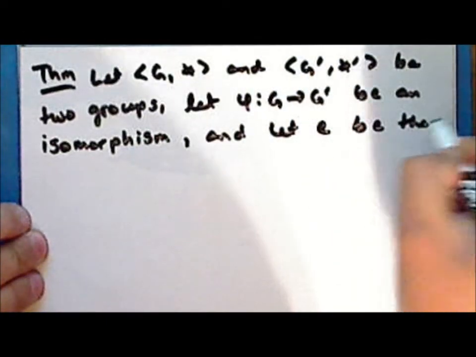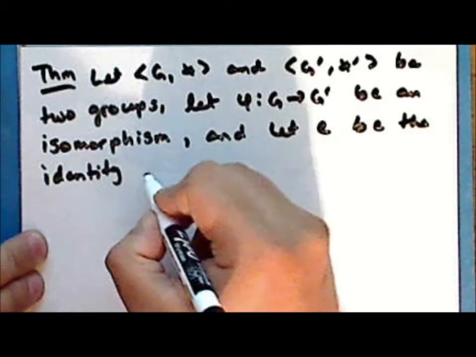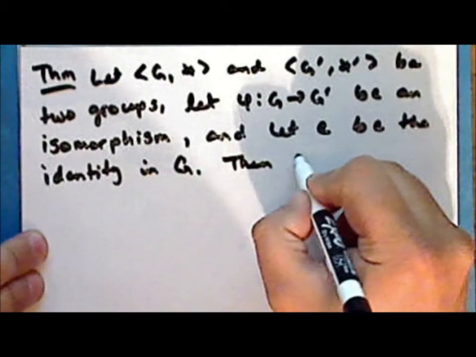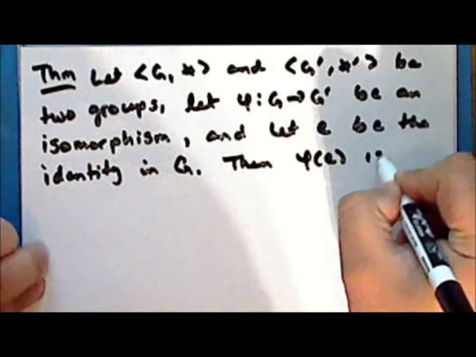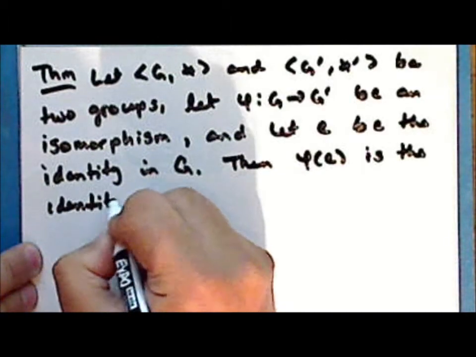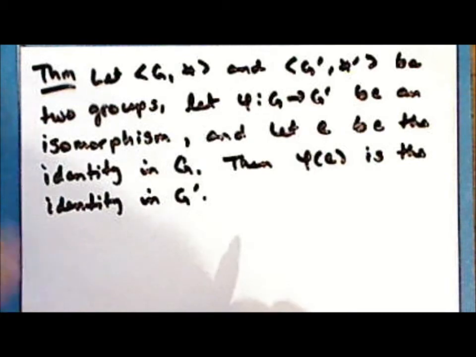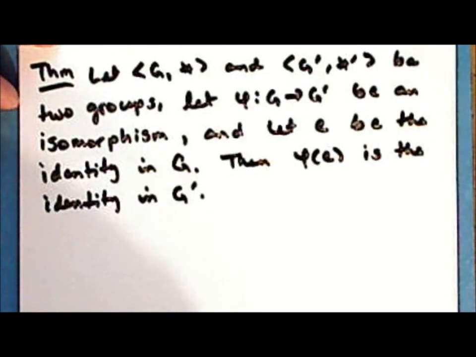And let the element E be the identity in the group G. Then phi of E is the identity in the group G prime. That is, an isomorphism maps the identity element in one group onto the identity element of the second group.